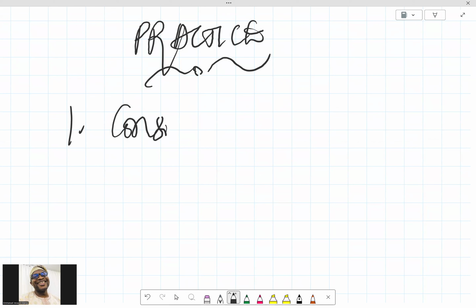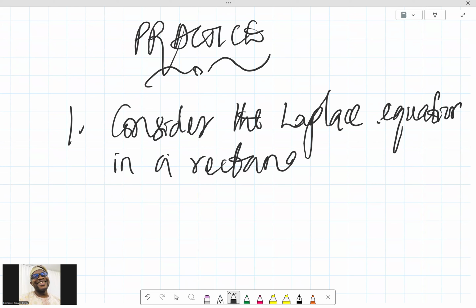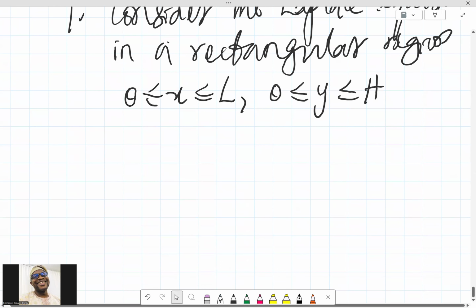So consider the Laplace equation in a rectangular region, where you have 0 less than or equal to x less than or equal to L, and 0 less than or equal to y less than or equal to h. That's length times height because it's rectangular.